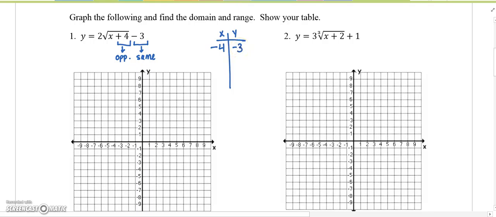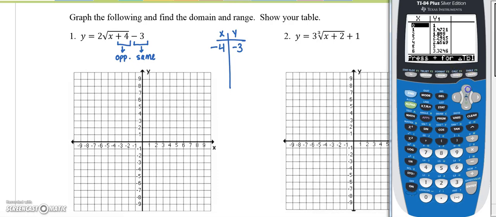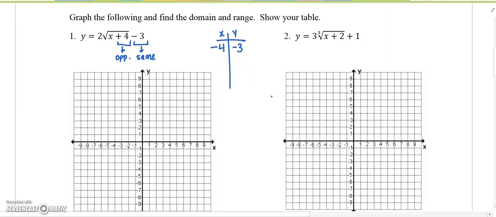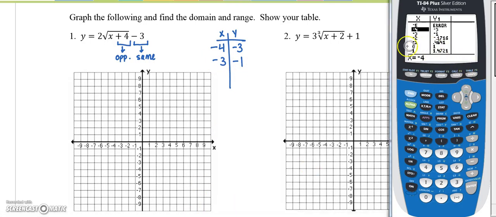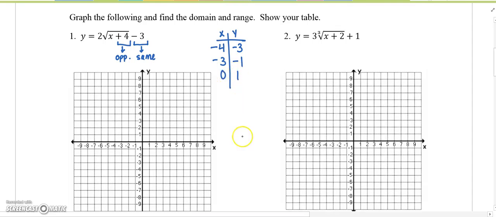You'll see for cube roots, that's just our middle value. So I'm going to move my table up to the point -4, -3. There it is. I'm going to get just two more points, -3, -1, and 0, 1. That's enough to plot and graph.